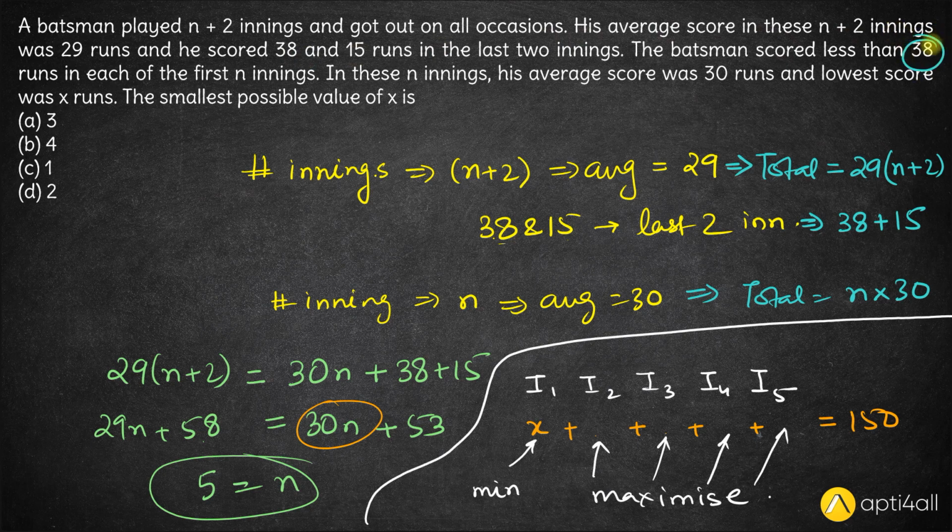That is what is given. So the maximum score that he can have in these 4 innings is 37. Correct? So I have x plus 4 times 37 equal to 150. So x comes out to be 150 minus 4 times 37, which is 148, hence 2.